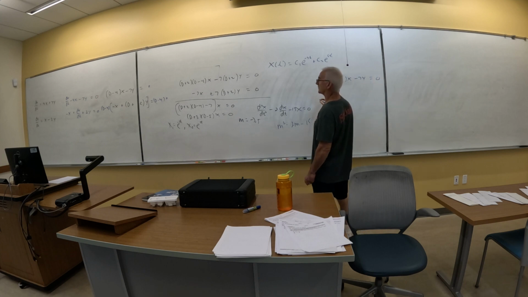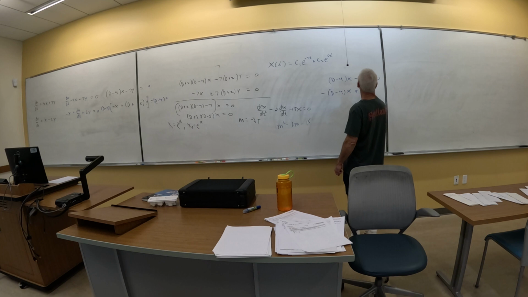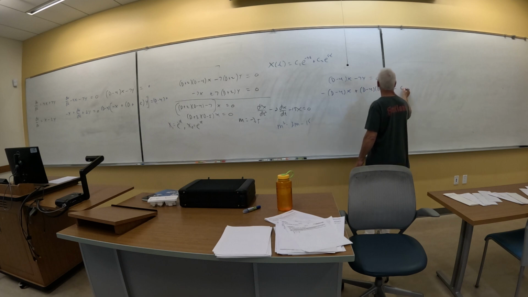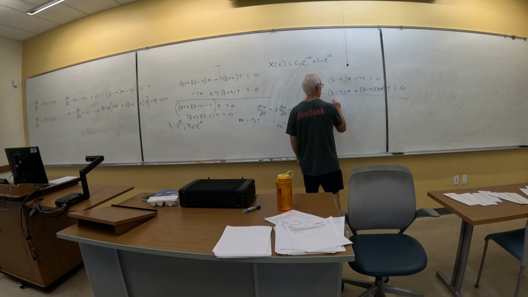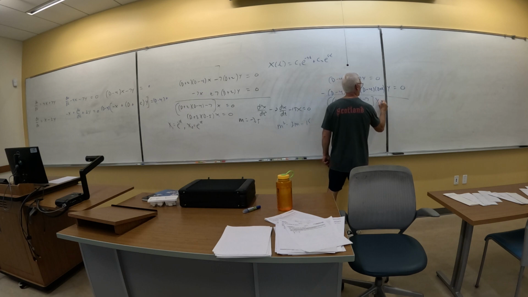And then the second line would read negative D minus 4 x plus D minus 4 times D plus 2 y, and that also equals 0. So now when I add these together, this is going to give me D minus 4 times D plus 2, minus 7, all y equals 0.